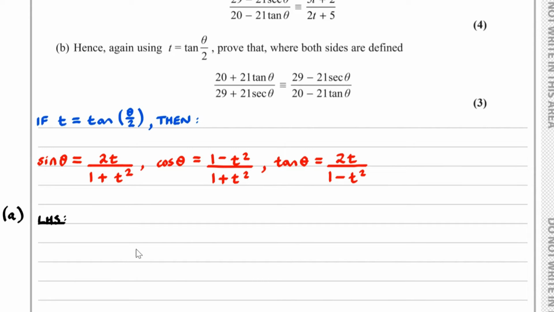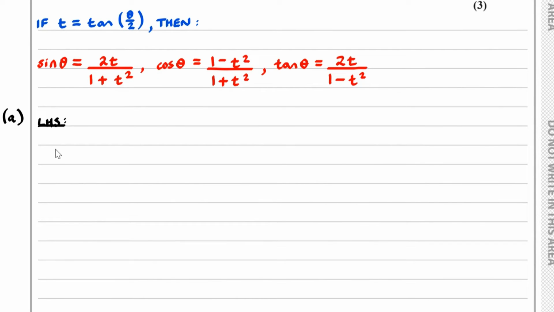So if we focus on the left hand side, we've got 29 subtract 21 sec theta, and then we divide this by 20 subtract 21 tan theta. Now sec is the same as 1 over cos.